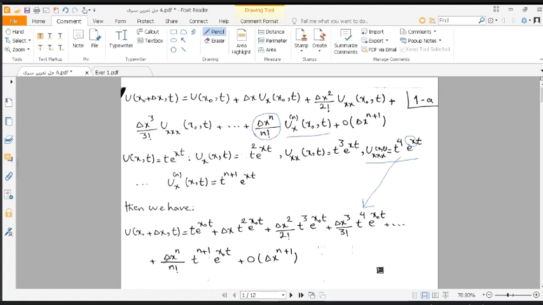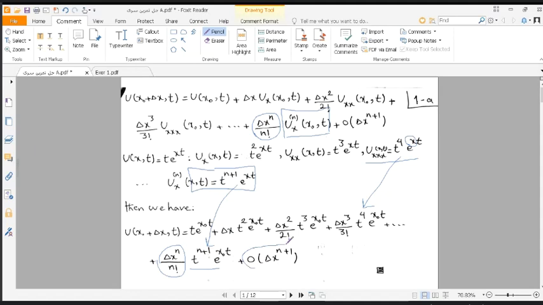And we should write delta x n over n factorial, and we write t power n plus 1 e power x0 t instead of the nth derivative of u respect x, and we put x0 instead of x, plus O of delta x power n plus 1.